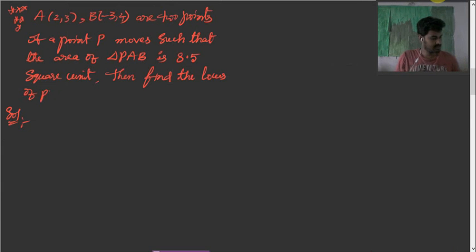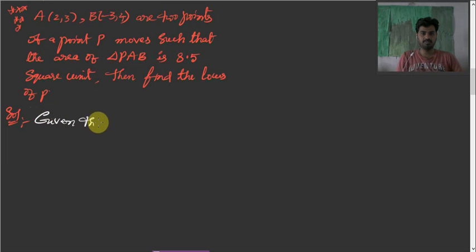The points are capital A (2, 3) and capital B (-3, 4), two points. With these two points, P is a point such that it forms a triangle of area 8.5 square units. Okay, this is the given sum here. So first we have to write what is given.